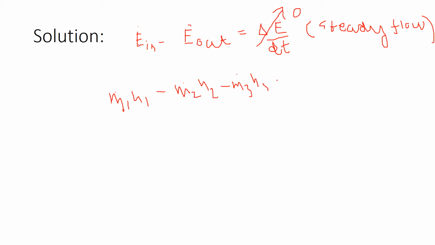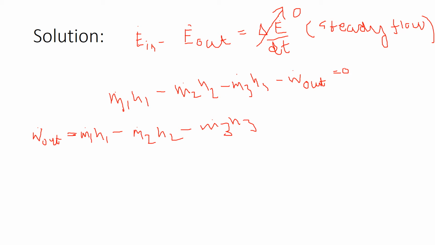Since we are dealing with a turbine, we also have work out. If it was a compressor, we would have work in. A compressor takes the work, a turbine gives the work. This is equal to 0, so you can write W out is equal to m dot 1 h1 minus m dot 2 h2 minus m dot 3 h3.